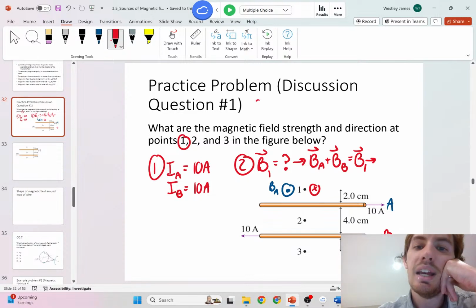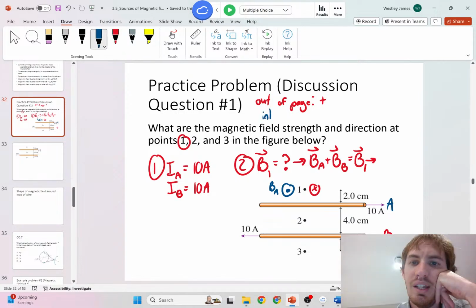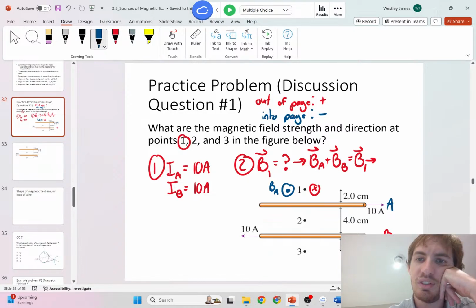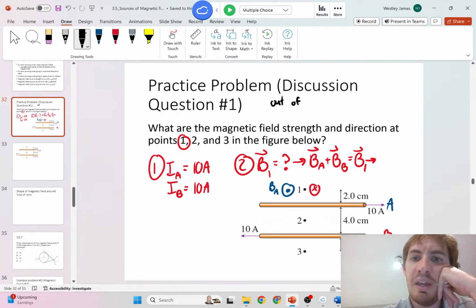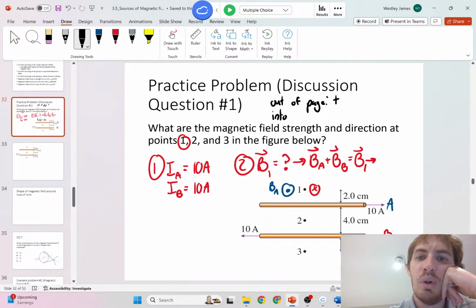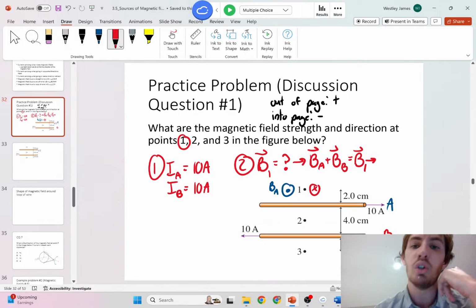I think that's kind of intuitively nice. Let's just do it in black ink so that we're not even confused. Out of page is positive. Into page is negative.